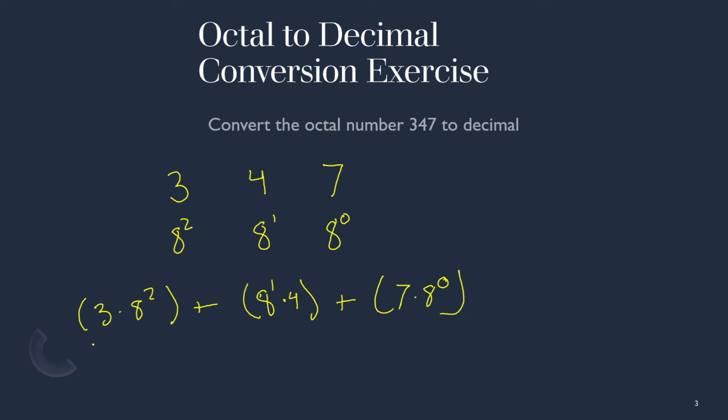So this is going to be 64 times 3, and that value is 192, plus 8 times 4, which is 32, plus 7 times 1, remember 8 to the 0 is 1. So that corresponding value in decimal form is 231. So 347 in octal is 231 in decimal form.